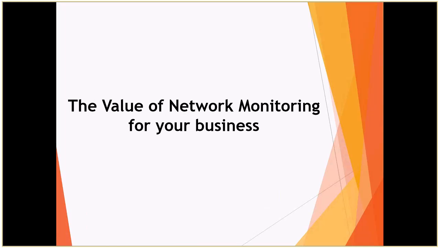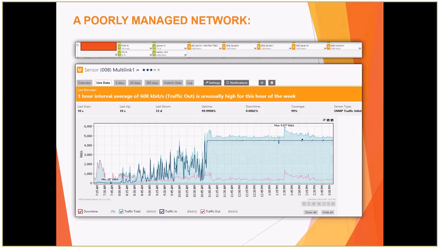So, the value of network monitoring for your business. All right, let's look at some examples of a poorly managed network. As you can see here, you would want to see sensors that are all in green.